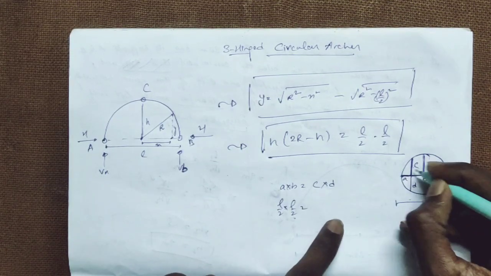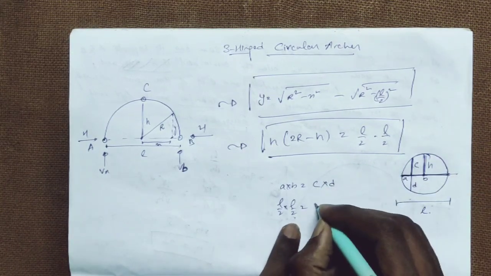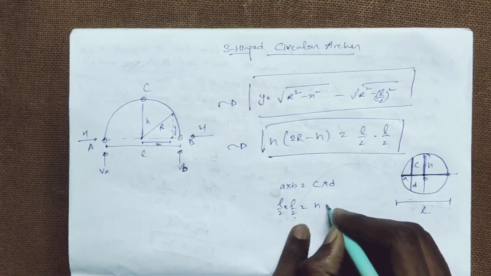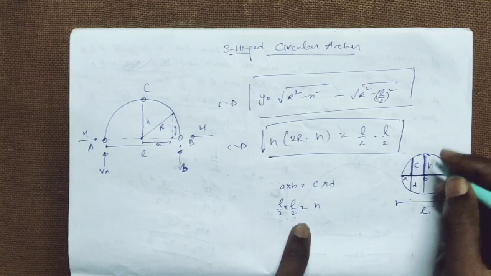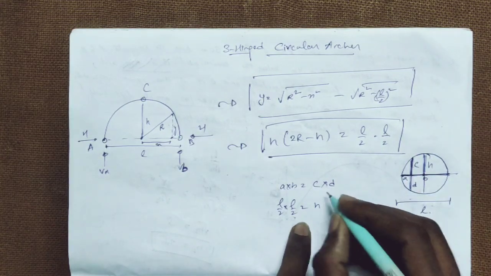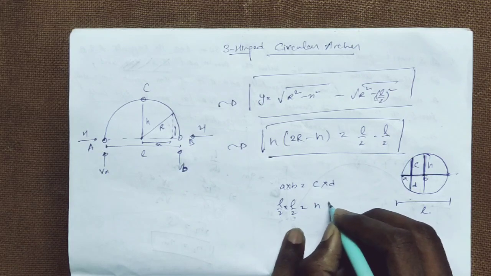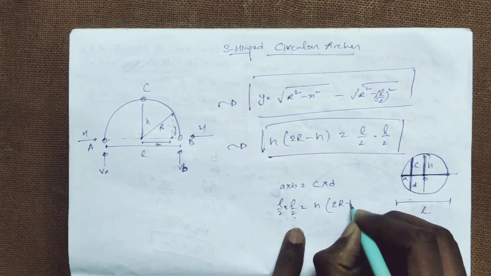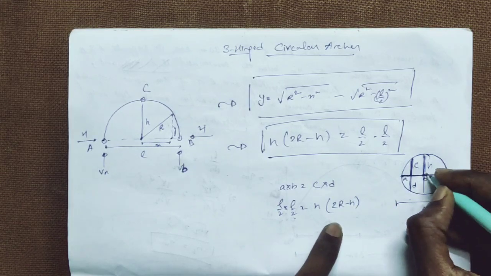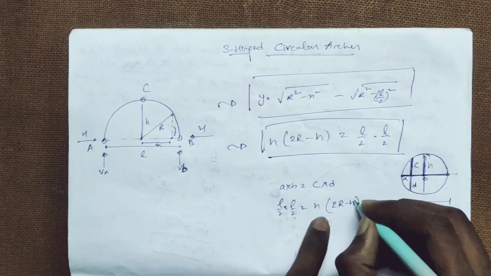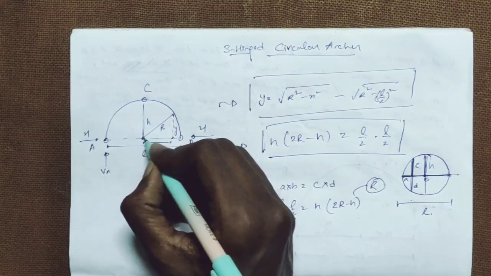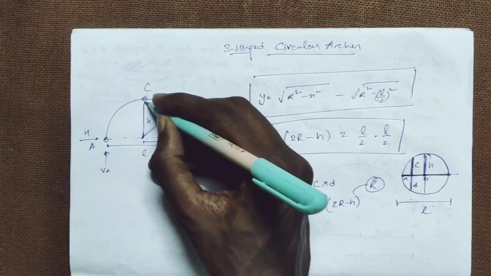C, this is C, right? So this is H. This will be also H, but as we don't know if it is a section here or any other case, that will be 2R minus H. If it is exactly at this point, H will be equal to R, right? See here, this is radius and this will be also radius.